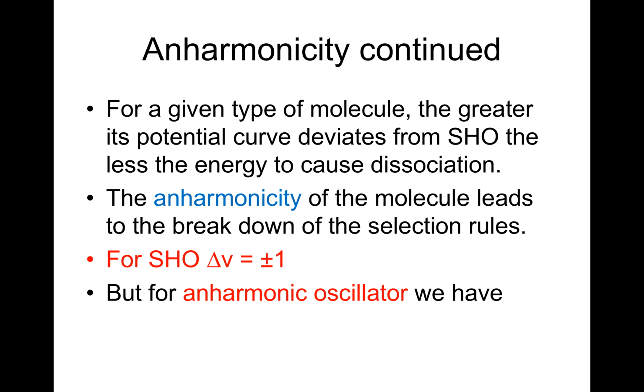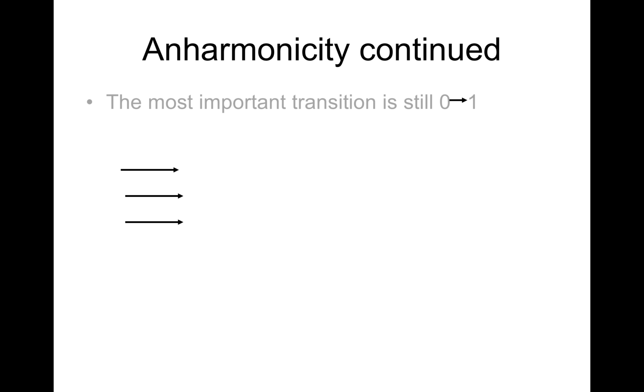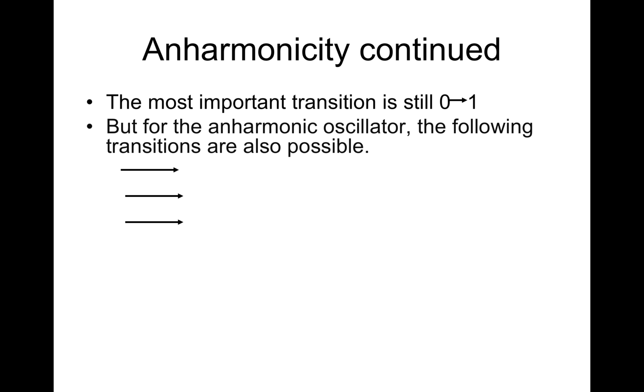However, for an anharmonic oscillator, we have delta v being equal to plus or minus 1, plus or minus 2, plus or minus 3, or plus or minus 4. Still, the most important transition is 0 to 1, the fundamental. But for the anharmonic oscillator, the following transitions are also now possible.